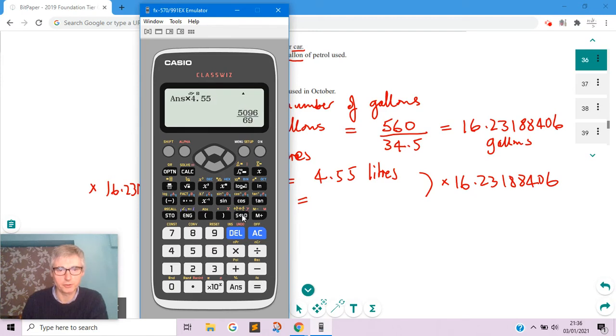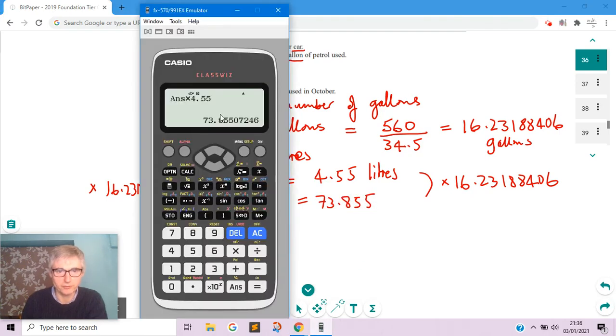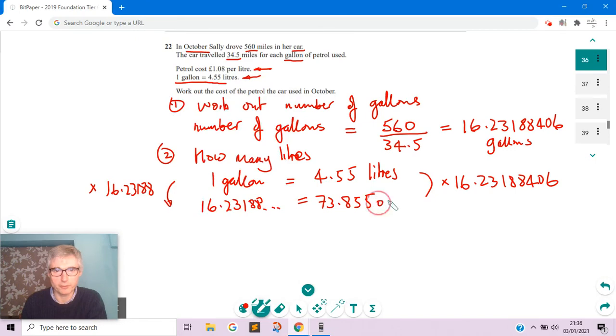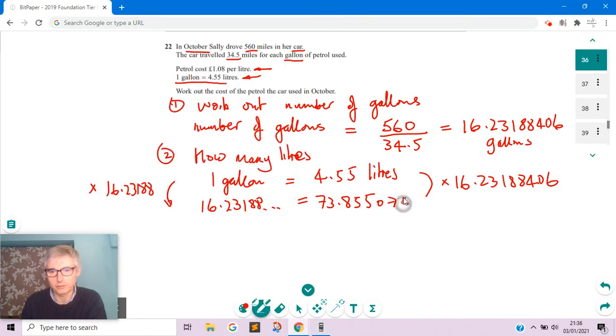That gives me 73.855 etc., 73.85507246. So that's how many litres we're going to require in this month.